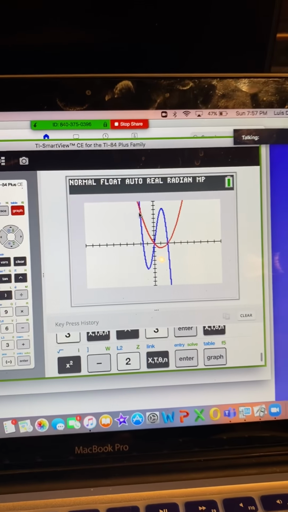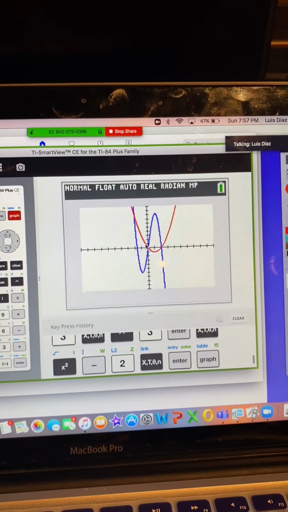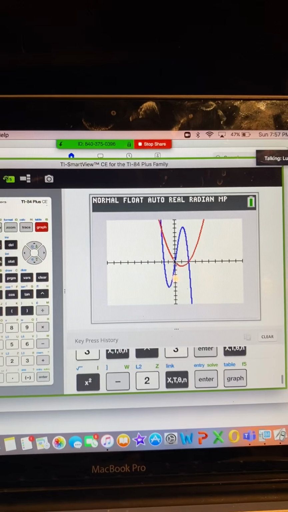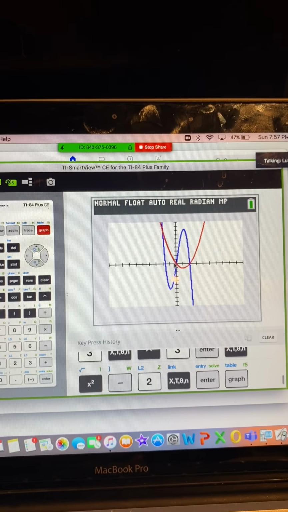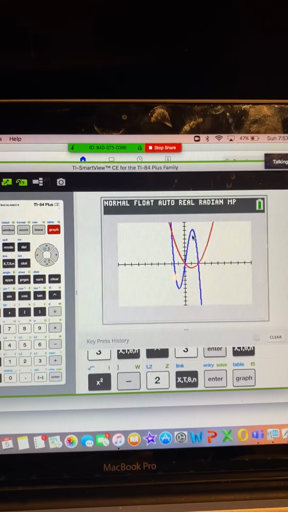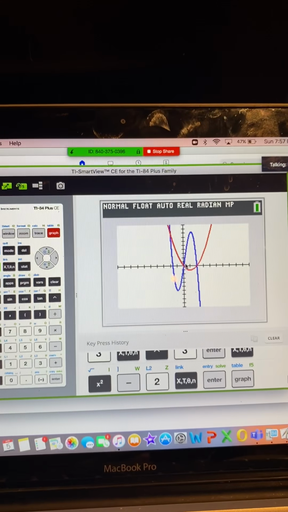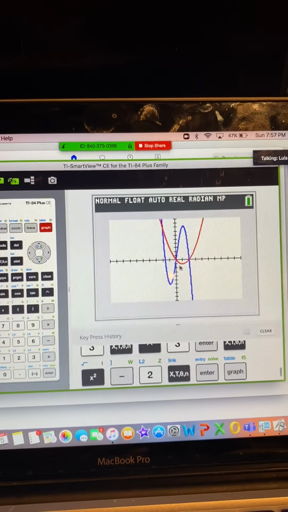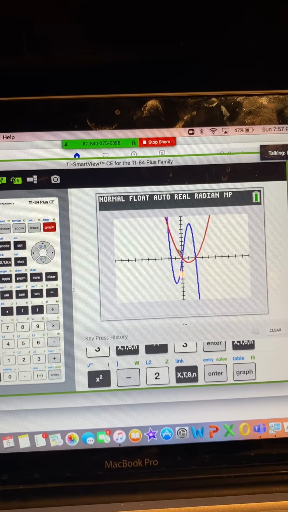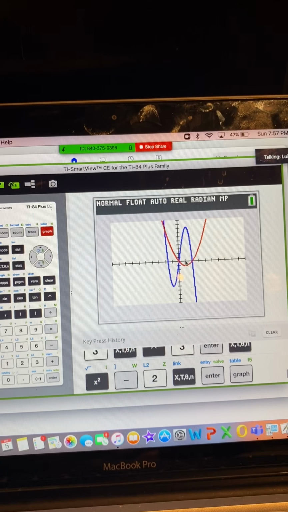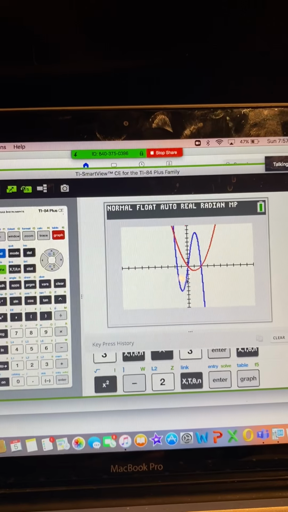From this point here to this point here, which looks to be 0, 0, the red function is on top and the blue function is below. And over here, from 0 to about 2, the blue function is on top and the red function is below. So I have to find the function for this area and the function for that area, because remember, it is always the top function minus the bottom function.